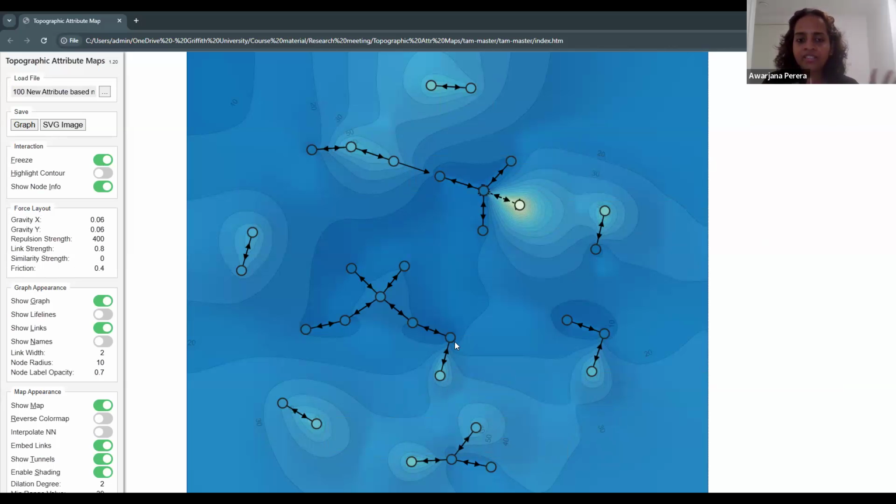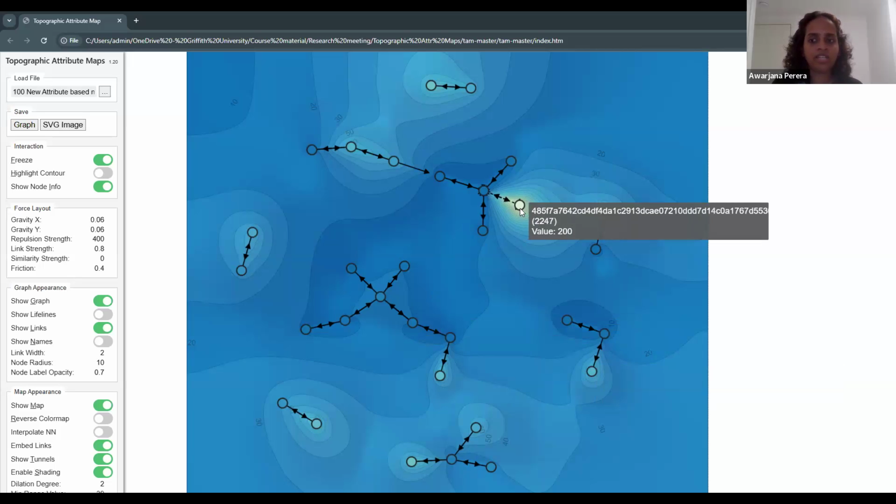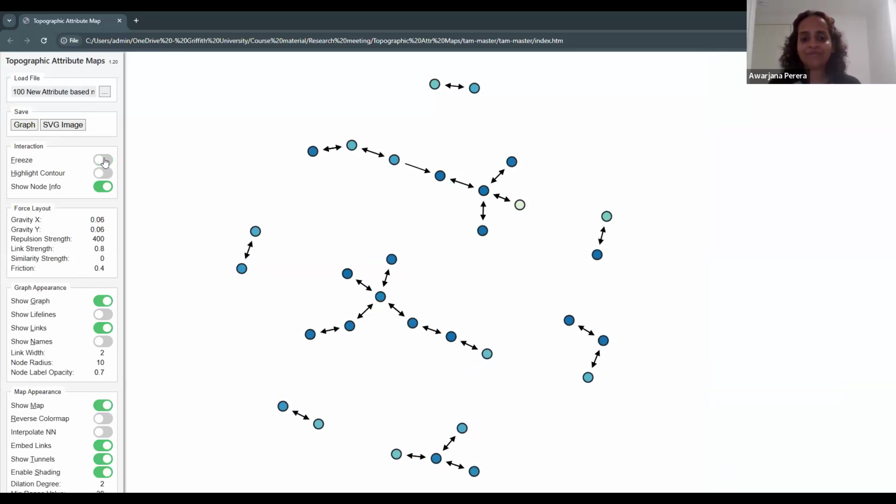I'm maintaining the similarity force as 0 because I'm concerned about identifying the anomalies. So even though these two have similar values, they are not brought together, but still we can identify the anomalies here. This seems like an anomaly compared to the rest of the nodes. So yes, that's about it.